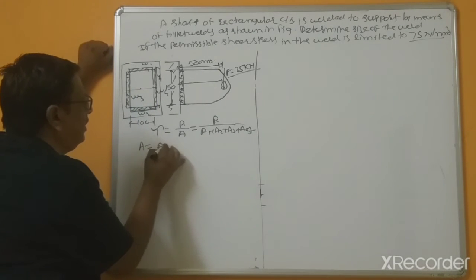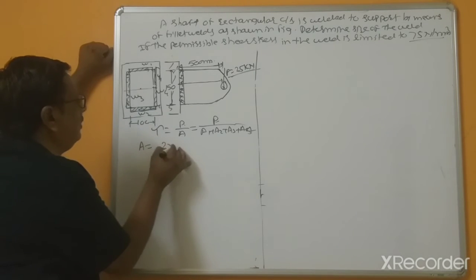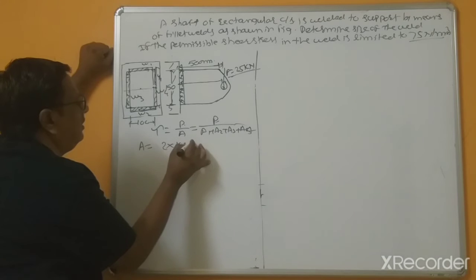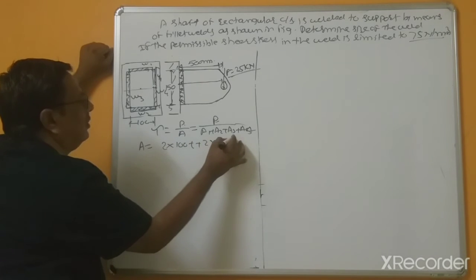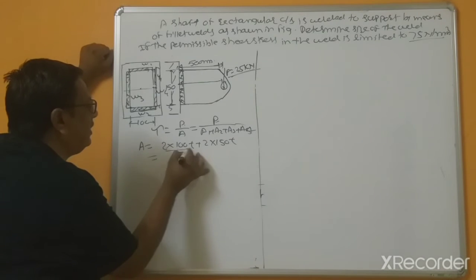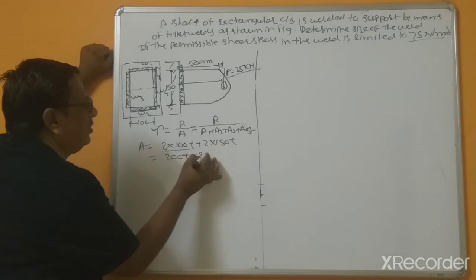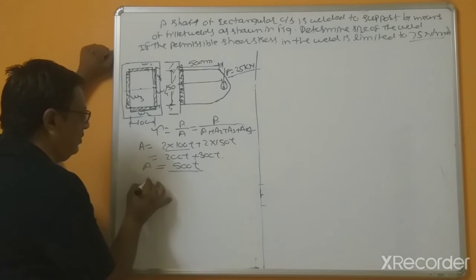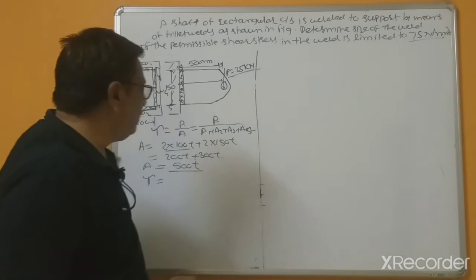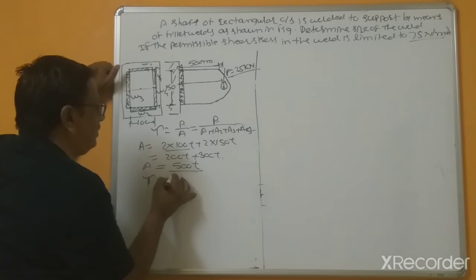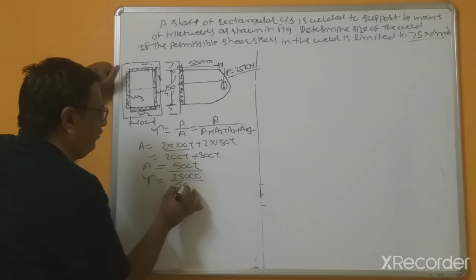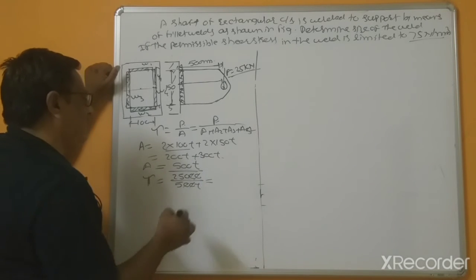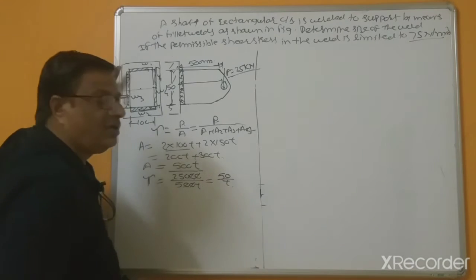Area A equal to 2 into 100 T plus 2 into 150 T, that is 200 T plus 300 T, so this becomes 500 T. Shear stress equal to P, 25,000 divided by 500 T, and the 0s get cancelled, so this is 50 divided by T.